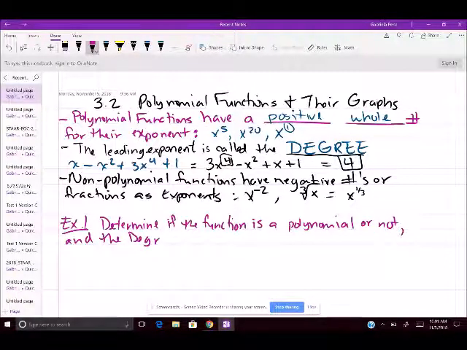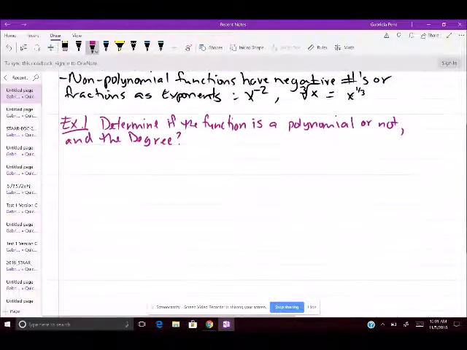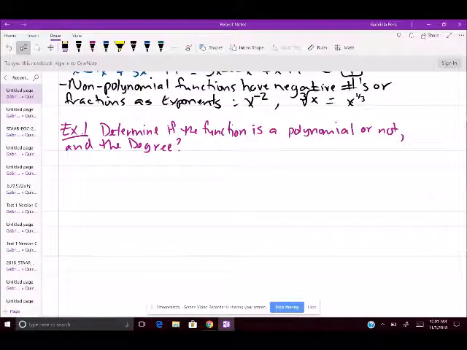So we're going to do 3 problems together. So let's look at the first one. Let's say they give you something like this, and I'll stop right after I write down the problem to make sure everybody's ready.